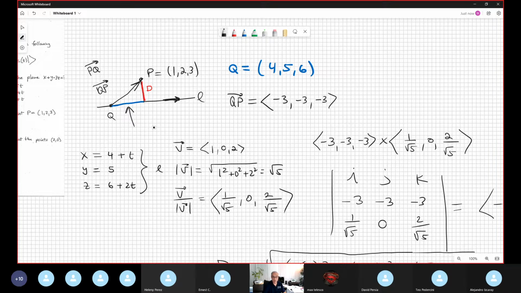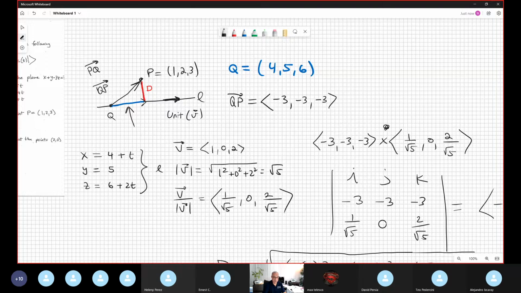You perform now the dot product, not the cross product, between the vector QP and the unit vector B. When you have this dot product as a number, multiplied by the unit vector B, it gives a vector in this direction.